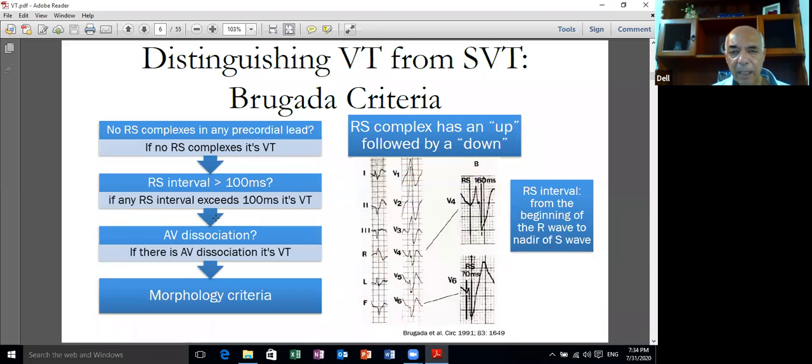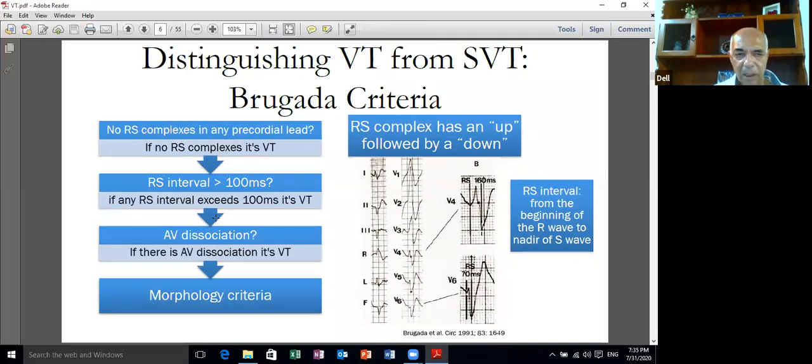Now, the Brugada criteria: you need to have a 12-lead electrocardiogram to implement it, and you need to memorize it. So that's the difficulty. The first step in Brugada criteria is to look for a transitional zone, an RS complex in the precordial leads. If there is no transitional complex in the precordial leads, this means that you are dealing with ventricular tachycardia.